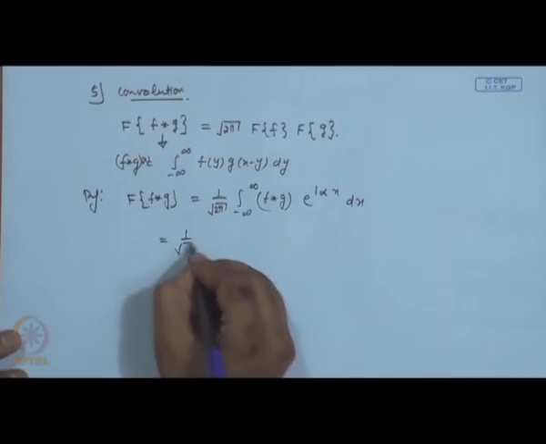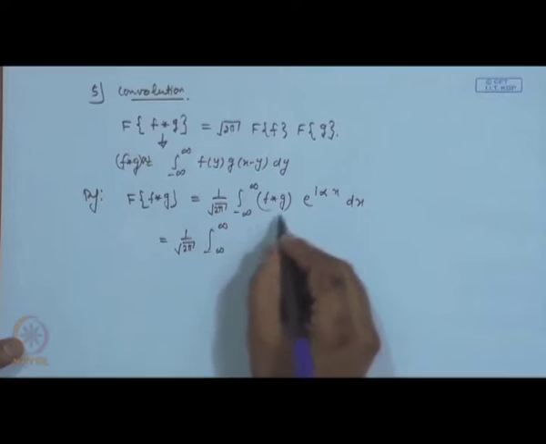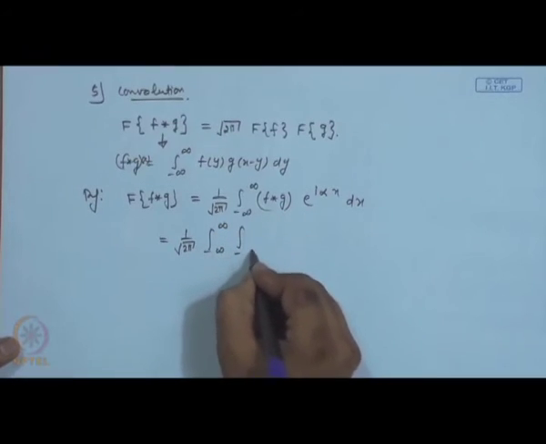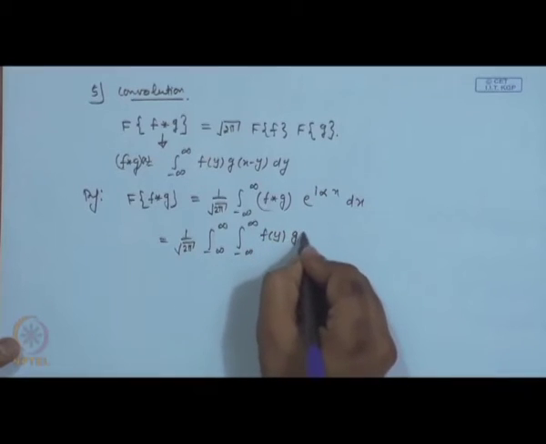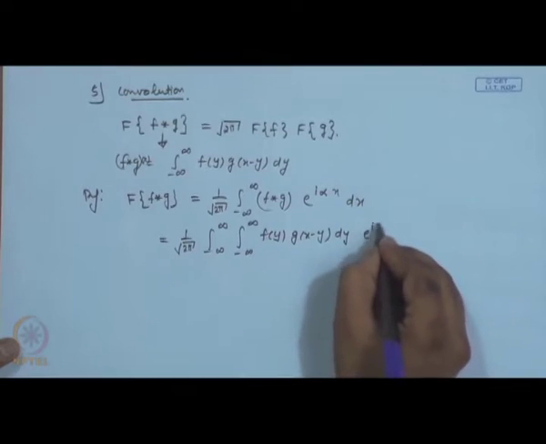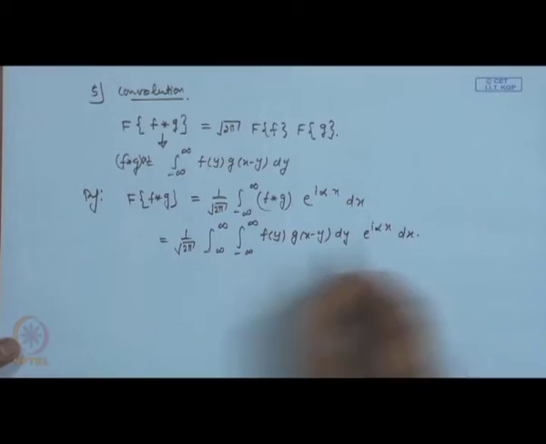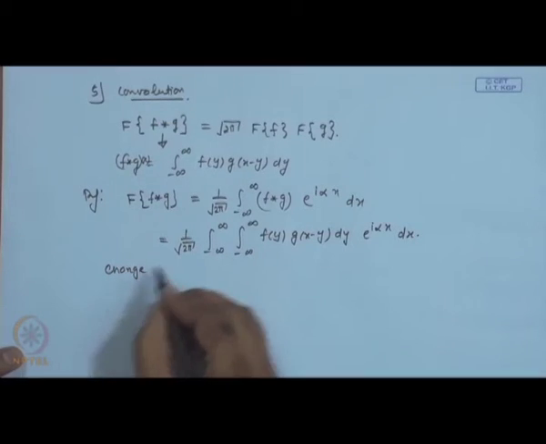So this is 1 over square root 2 pi, integral of the convolution, integral from minus infinity to plus infinity of f(y) g(x minus y) dy, times e^{i alpha x} dx. Now we change the order of integration to simplify this.